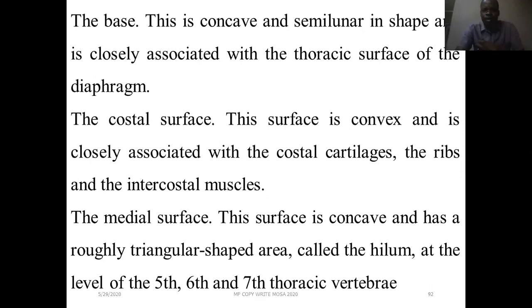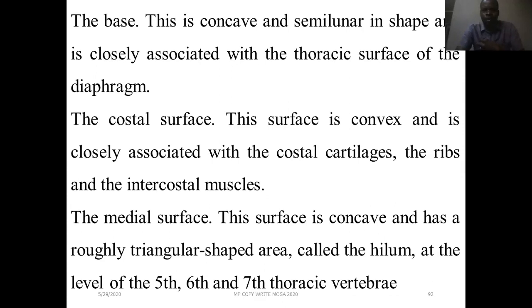The costal surface is convex and is closely associated with the costal cartilages, the ribs, and the intercostal muscles. These intercostal muscles assist the process of breathing.